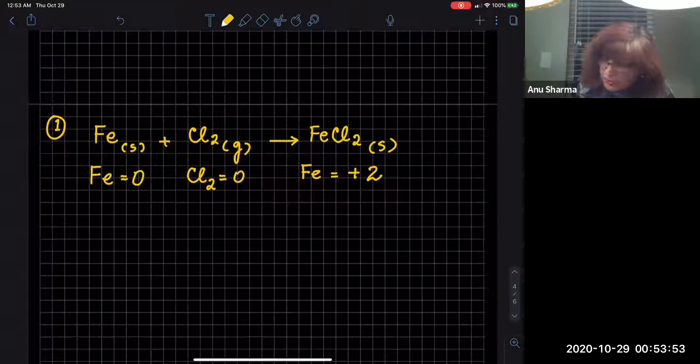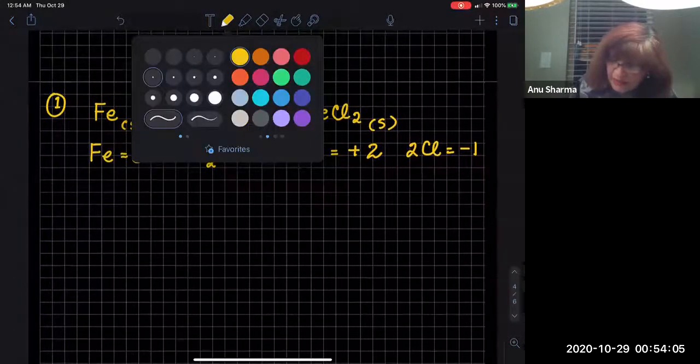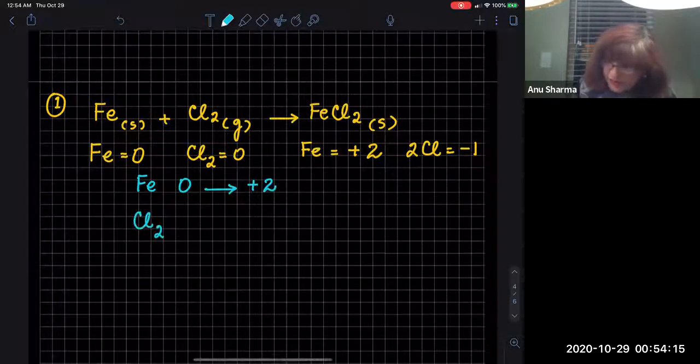Here there are 2 chlorines, which is fine, but each is having a -1 charge. Okay, the charge on the chlorine. So that's what it is. So what do we see now? We can just put these separately, and we can put here iron is going from 0 to a positive 2 state, and chlorine Cl2 is going from a 0 state to a -1 state.